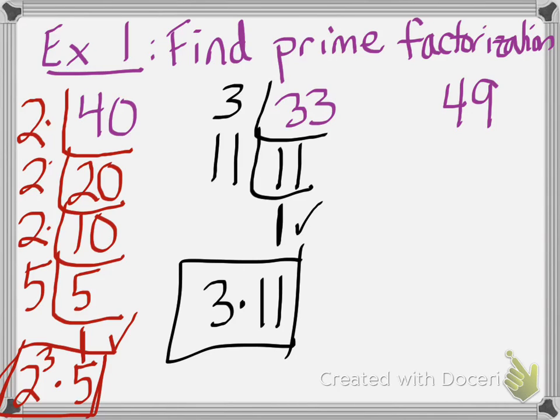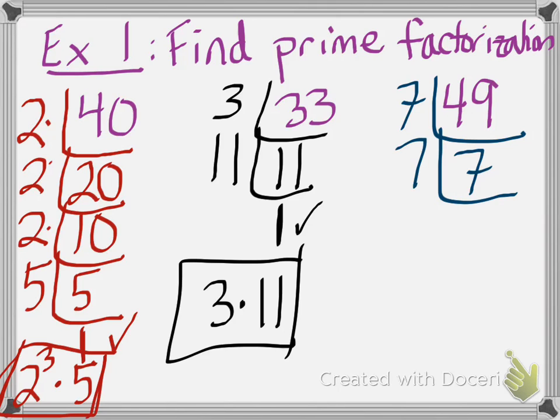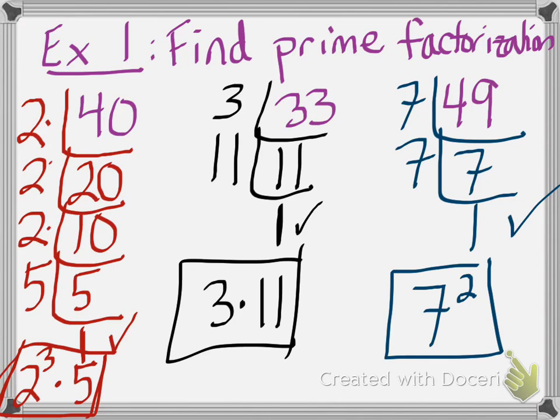Let's do one more, 49. 49 does not have a factor of 2 or 3 or 4 or 5 or 6. It does have a factor of 7. Leaves me with 7. 7 is prime, so I'm going to divide it by itself, end my ladder with a 1. And the prime factorization of 49 is 7 times 7, or 7 squared. Okay, the exponents aren't going away.